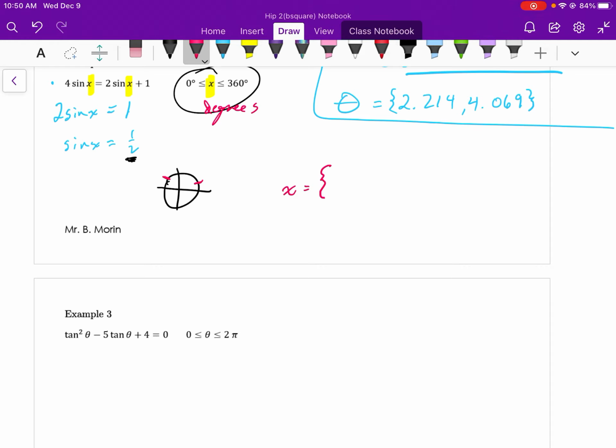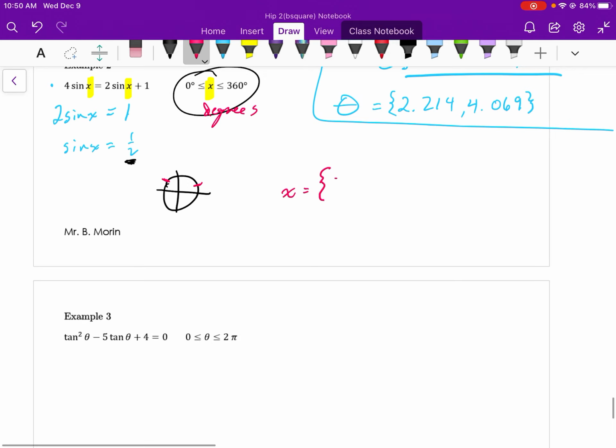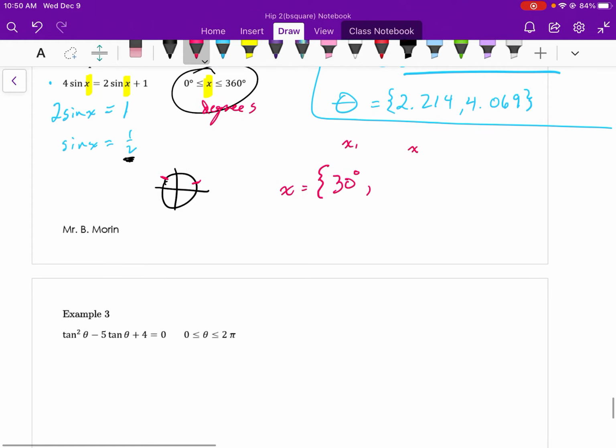What angle has a sine value of 1/2? Well, that's the 30-degree angle family. So my quadrant 1, sorry, I should use the proper variable, my quadrant 1 answer is 30 degrees, and my quadrant 2 answer is 180 minus 30 degrees, which is 150 degrees.